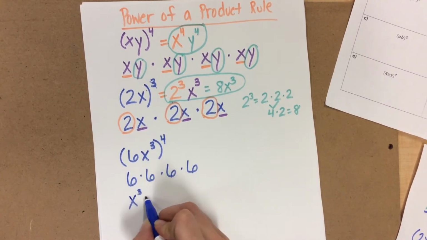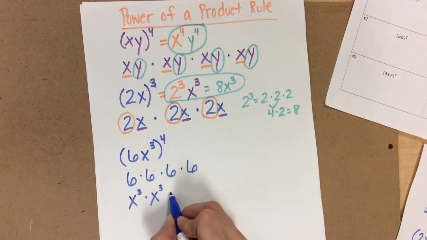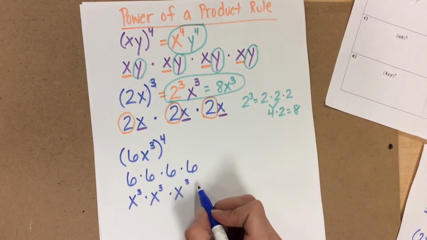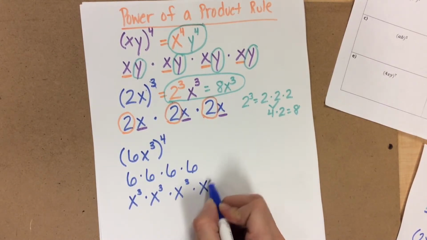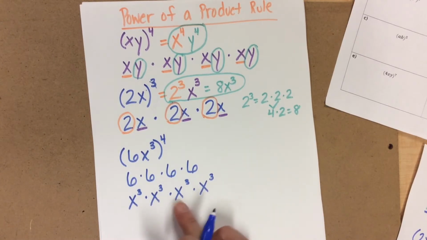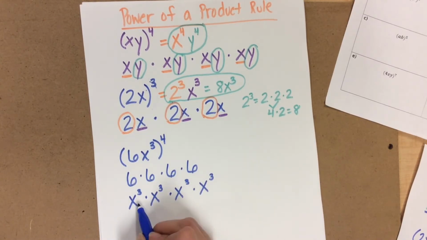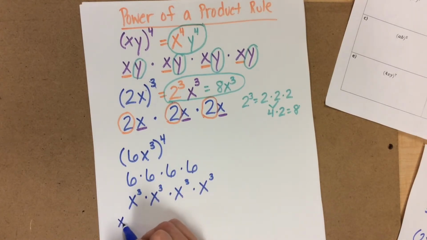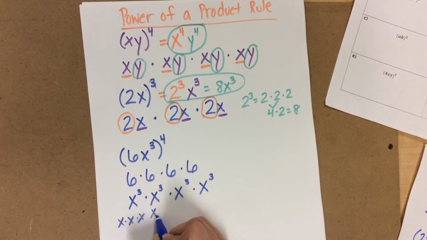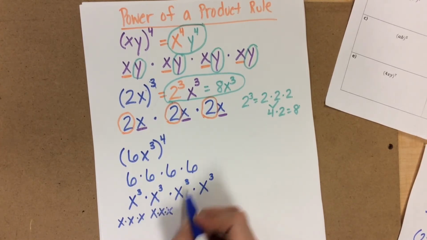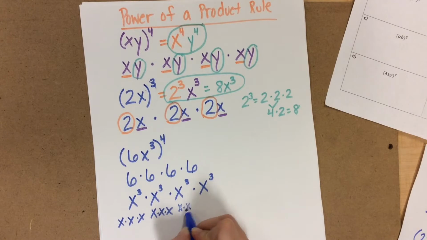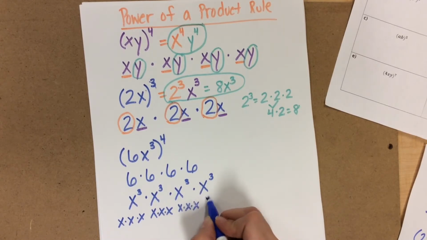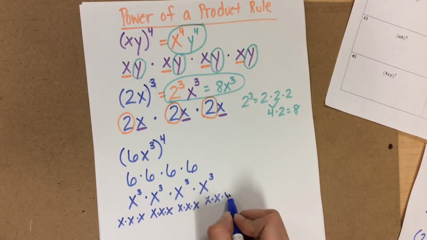So x to the third times x to the third times x to the third times x to the third, 1, 2, 3, 4. Since this is x to the third, we can break this down more to x times x times x, then x times x times x, x times x times x, and x times x times x.